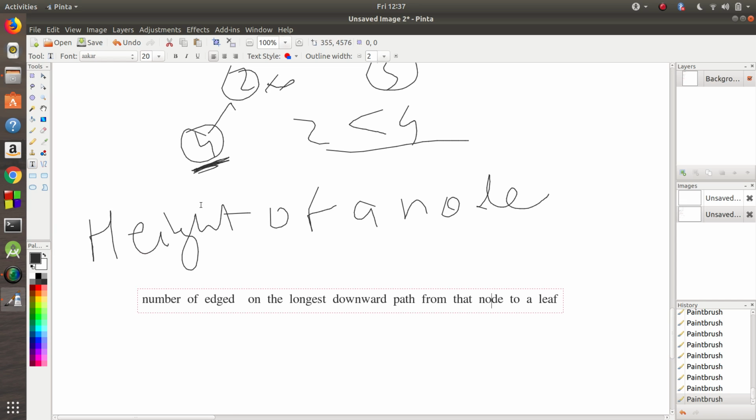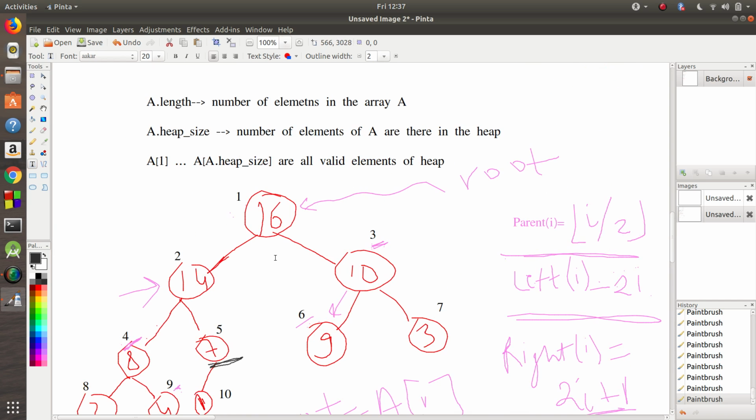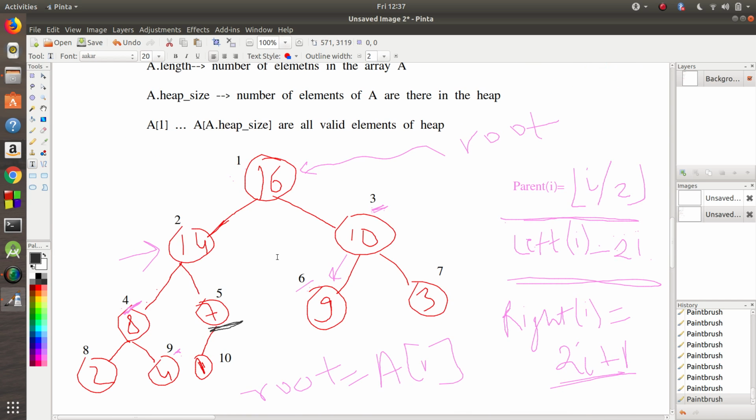So for example, if we take this as an example and we want to know the height of this node, the maximum edges from this node to a leaf are 1 and 2. So the height is equal to 2 for this node.